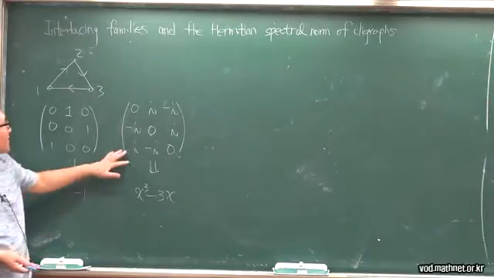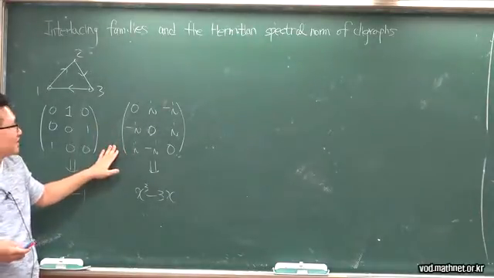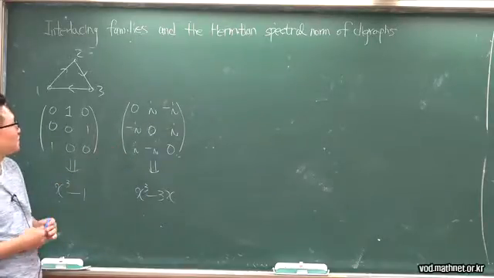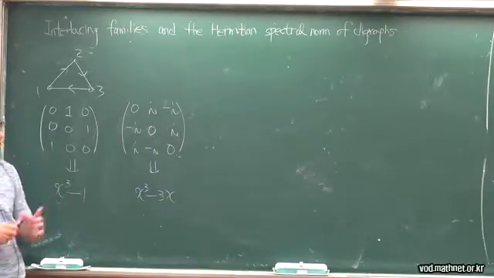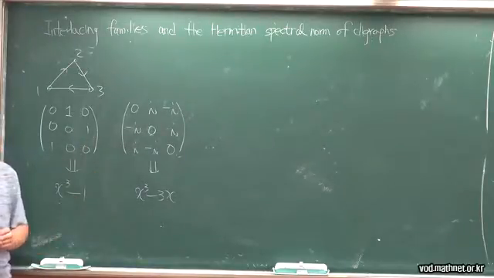Actually, this is called the Hermitian adjacency matrix of a digraph, which means that all eigenvalues are real. So to circumvent the situation, they created this to study digraphs.